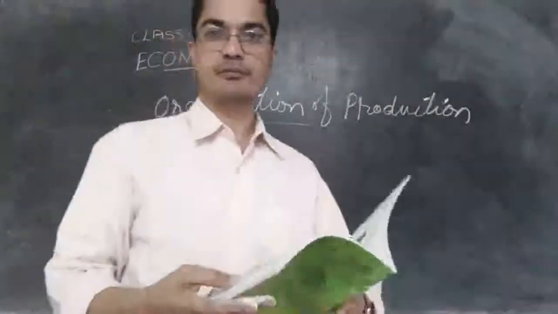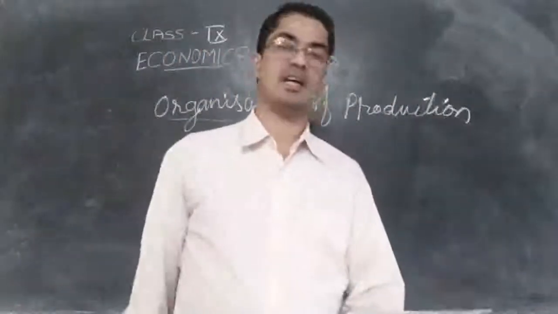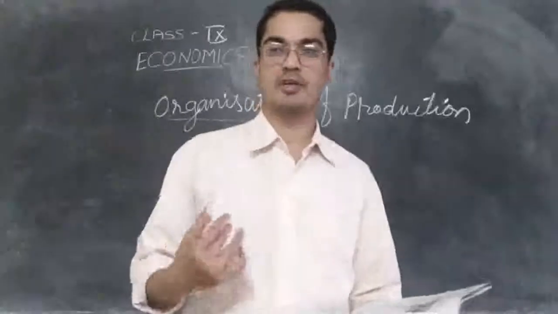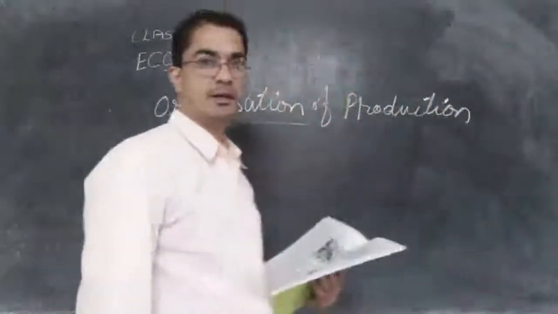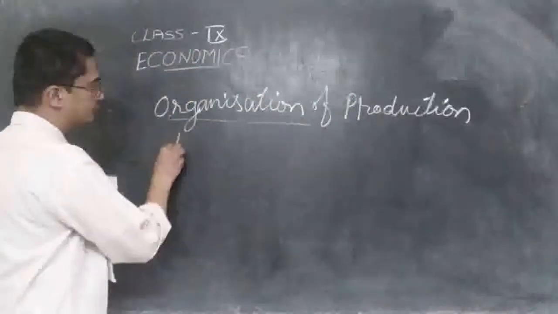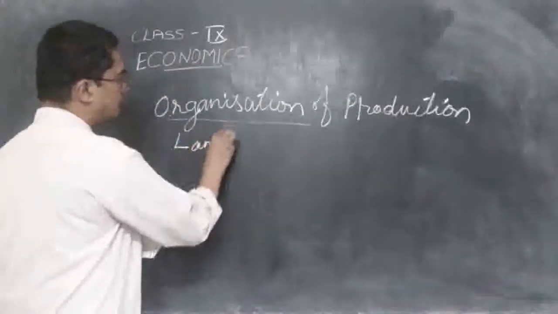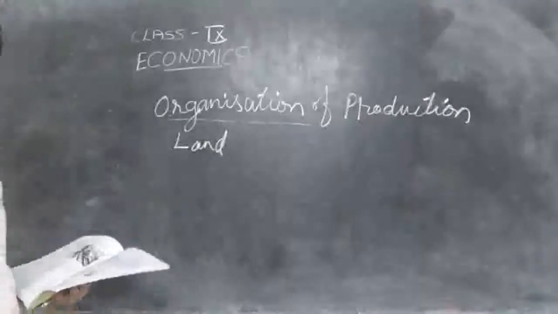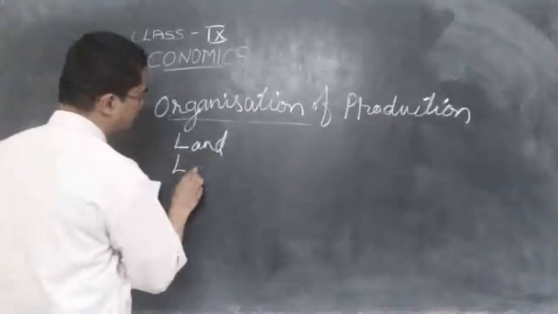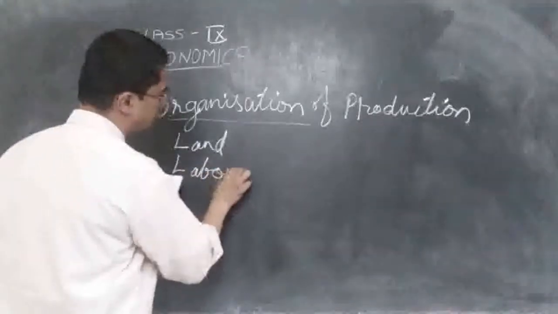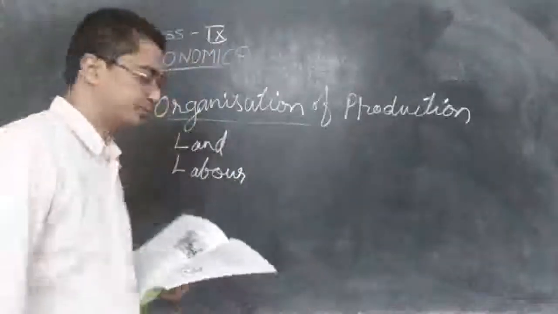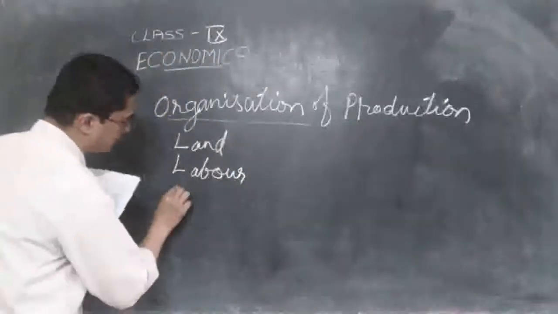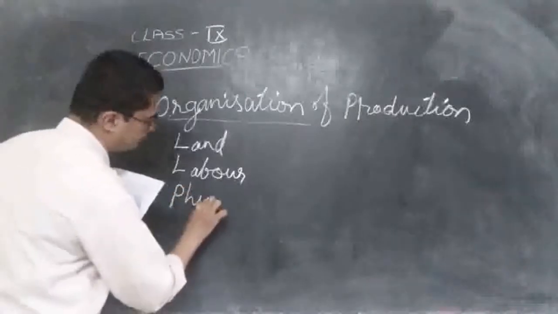So there are 4 factors which are required for production. Let us see what they are. The first one is land, the second one is labor, and the third one is capital. We can say physical capital.